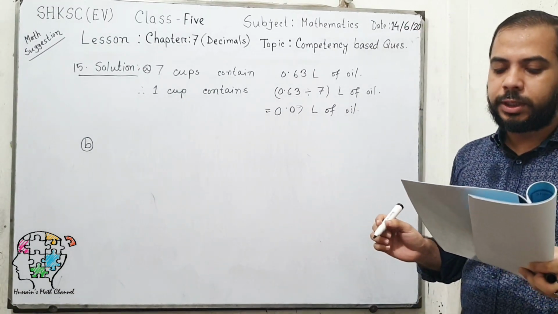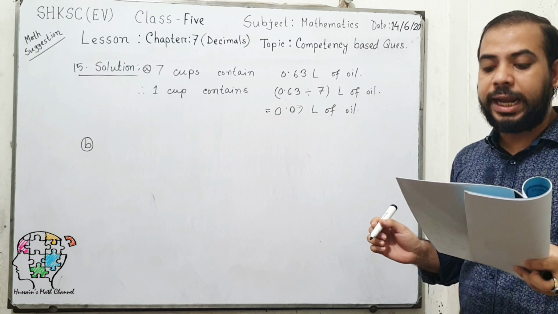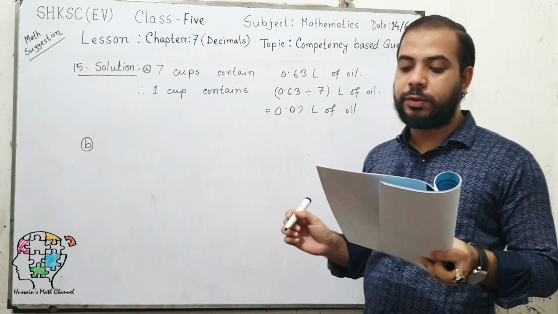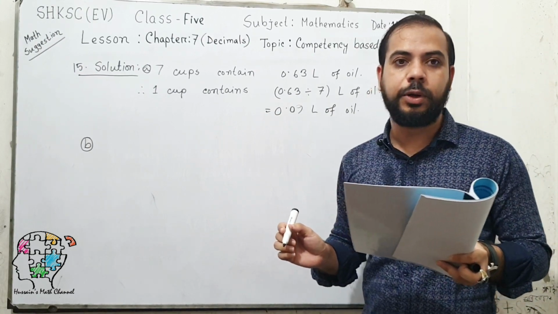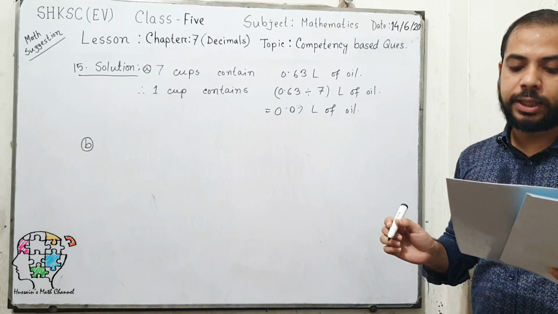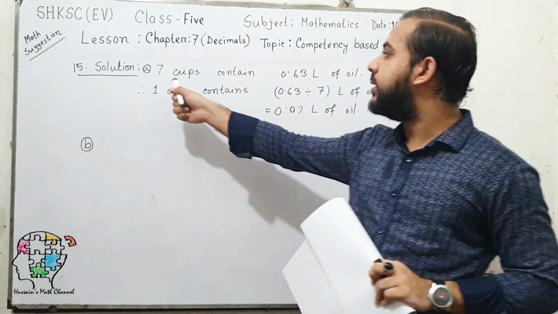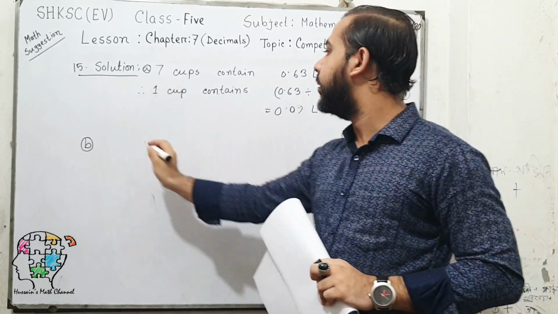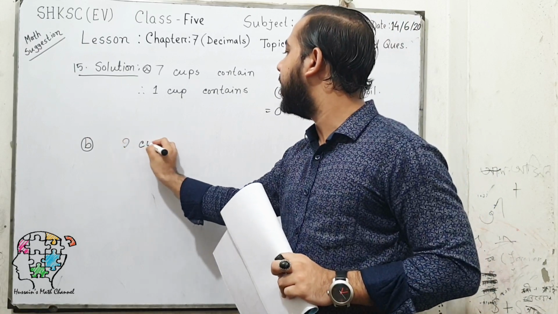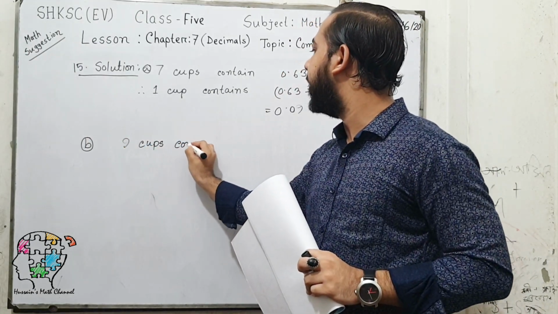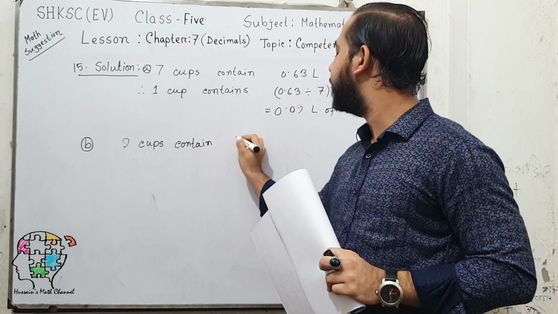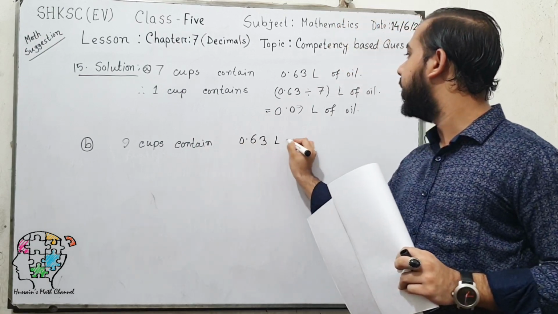Read the question first. Question number B asks, if there are 9 cups, how many liters of oil will each cup contain? If there are 9 cups, so instead of 7 you just put 9. Again we can write 9 cups contain 0.63 liters of oil.